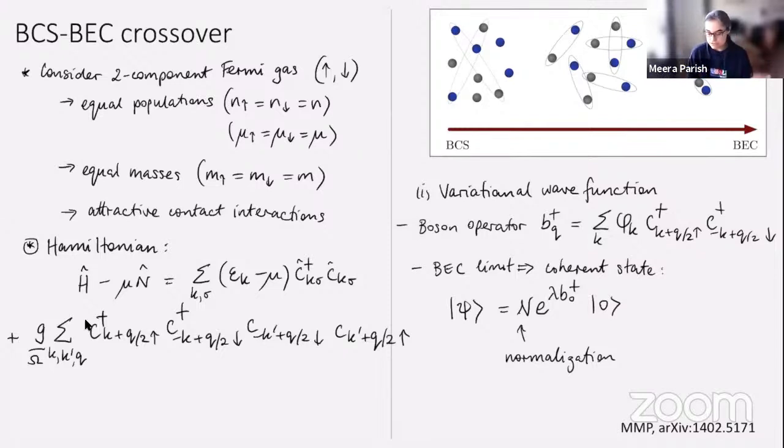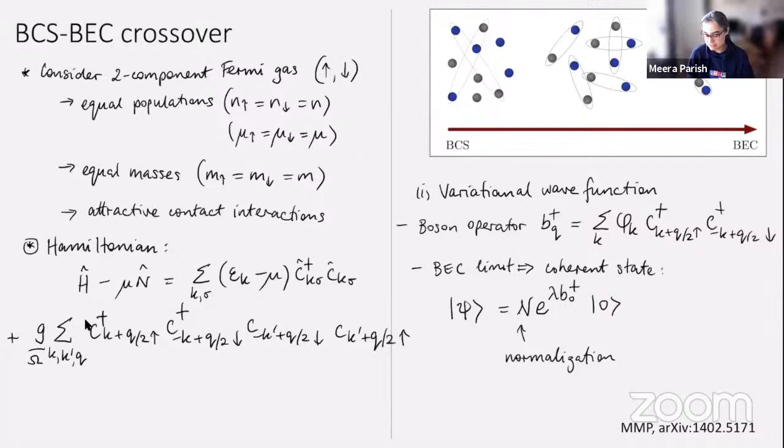Even though it doesn't preserve the particle number, you can show, at least in the thermodynamic limit, that it doesn't really matter. The fluctuations in the number go like the square root of N compared to the average number. So in the thermodynamic limit, it doesn't matter that you don't conserve particle number.